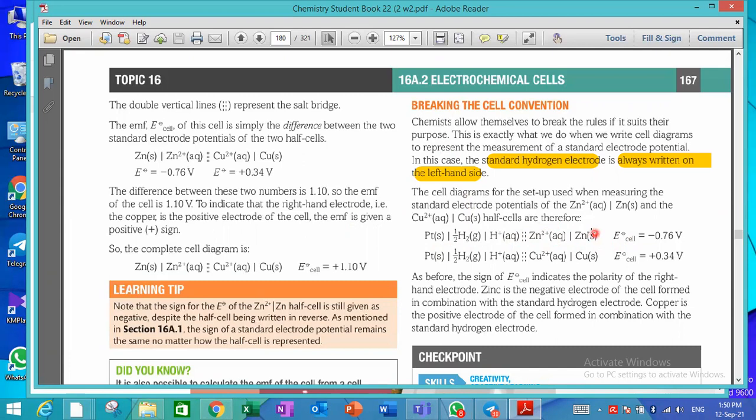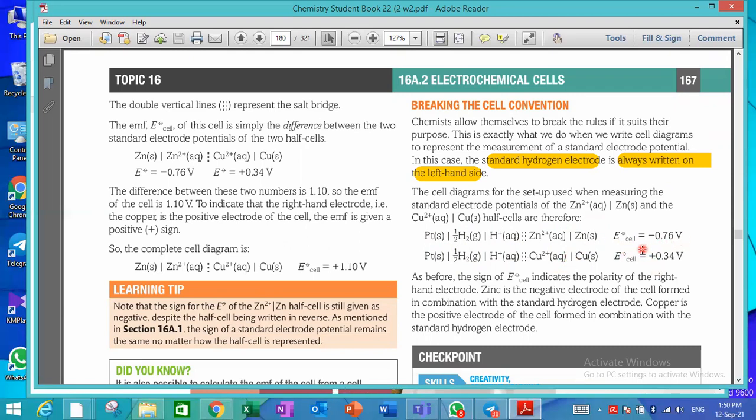Here we have to follow this rule that always the standard hydrogen electrode should be written on the left-hand side, and the other half cell should be written on the right-hand side. The standard hydrogen electrode is always written on the left-hand side and the other on the right-hand side, whether the E0 cell is negative or positive.